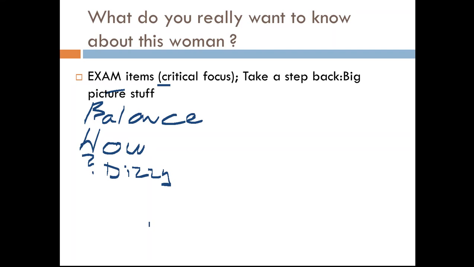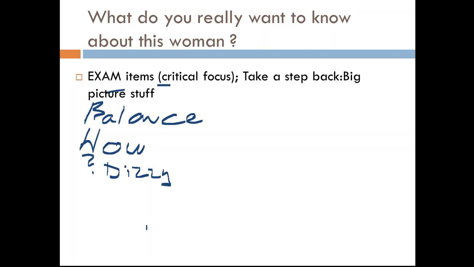And we'll talk about the importance of that when we get into the balance series. 78% of elderly that have experienced a fall have BPPV, benign paroxysmal positional vertigo, which is easily treatable by us. We don't ask.